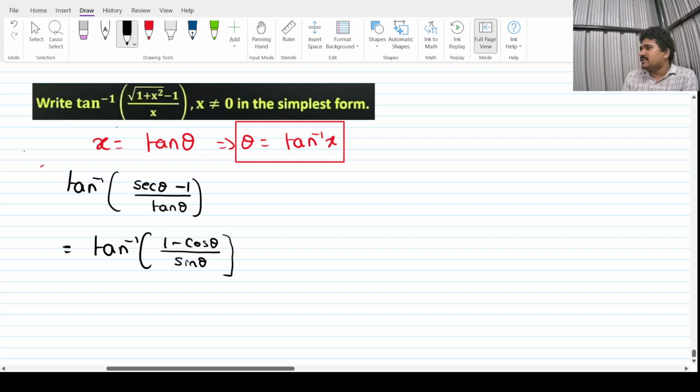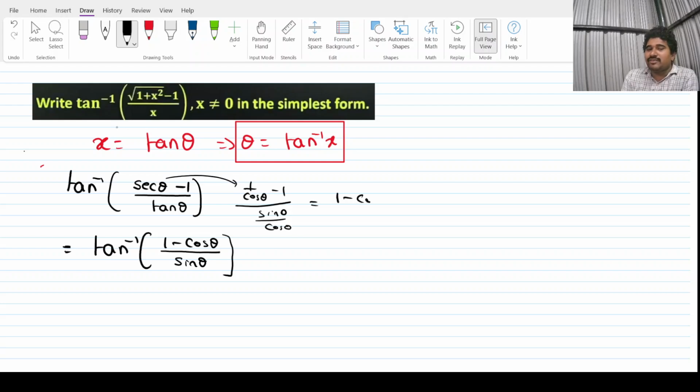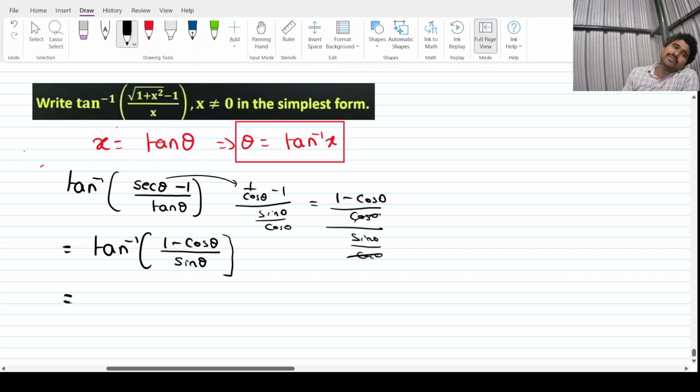Because secant I wrote as 1 by cos theta minus 1, by sin theta by cos theta. Taking the LCM, 1 minus cos theta by sin theta by cos theta, cut. Is that clear for everybody? Yes.